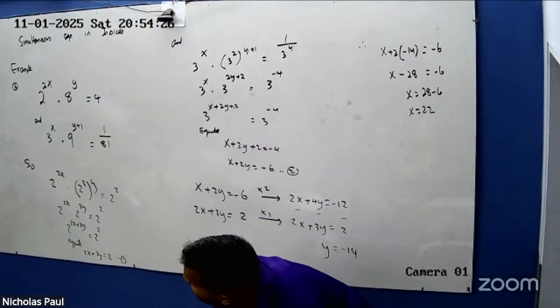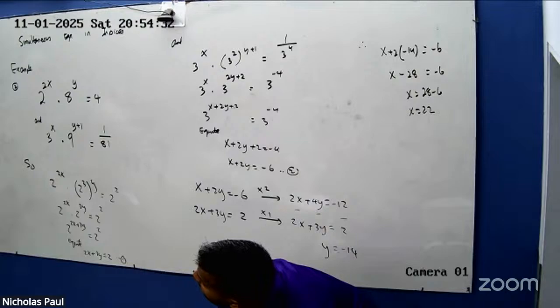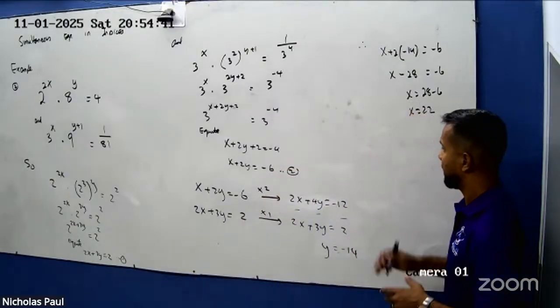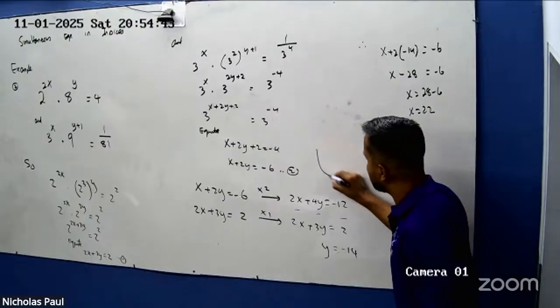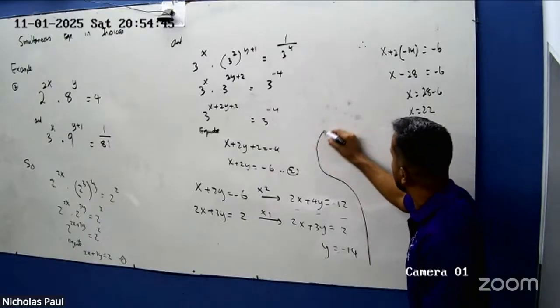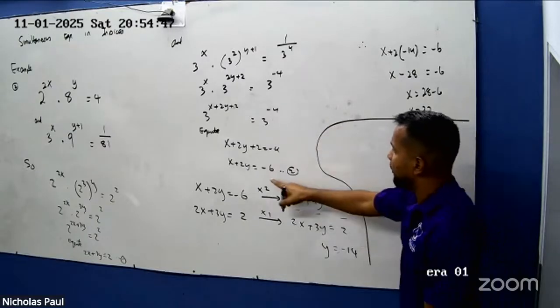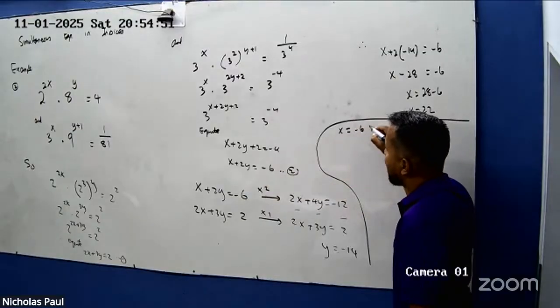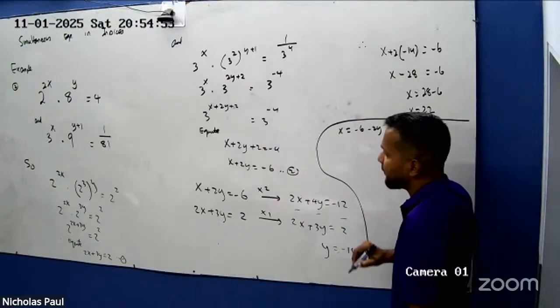I'll give you a next one. You want the substitution method? Okay. So for the substitution method, from here I'm making x the subject. x is equal to minus 6 minus 2y.